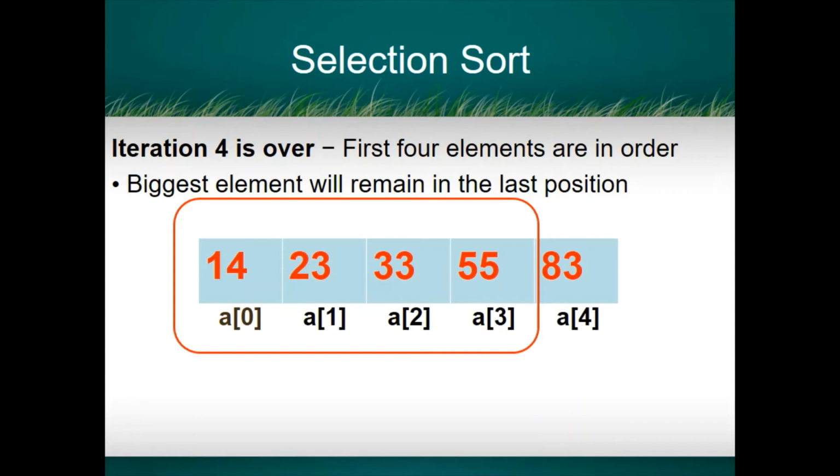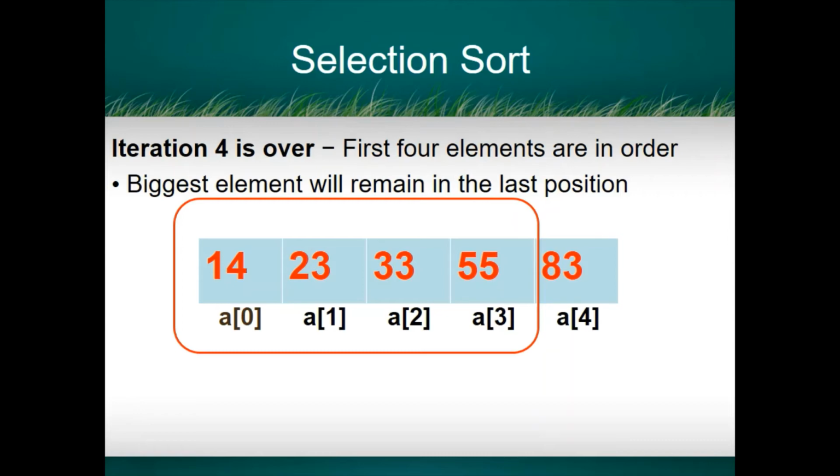Now the fourth pass is also over. After the fourth pass, the first 4 elements came to their right positions. So the biggest element, 83, will remain in the last position. So after the 4 passes, we can say that the entire array is sorted.